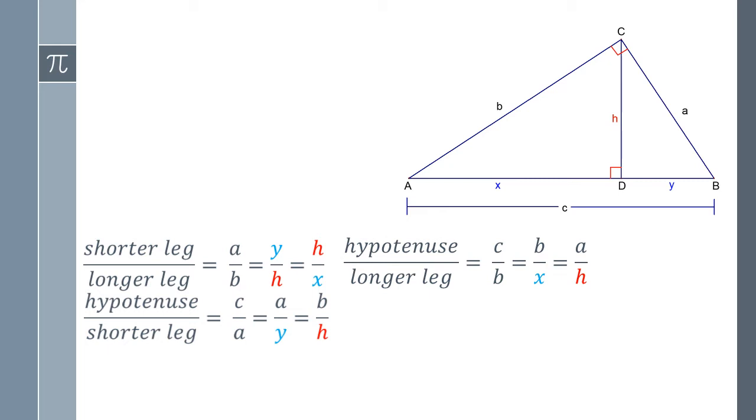In this smaller triangle here, B is the hypotenuse, X is the longest side. In this triangle here, A is the hypotenuse, and H is the longest side.